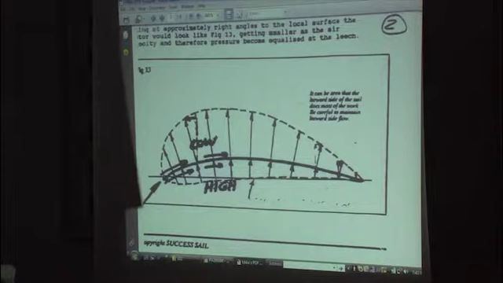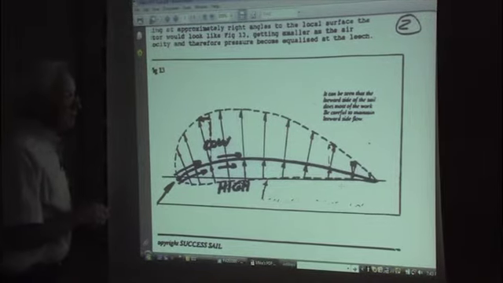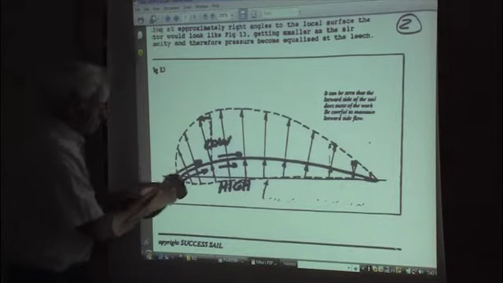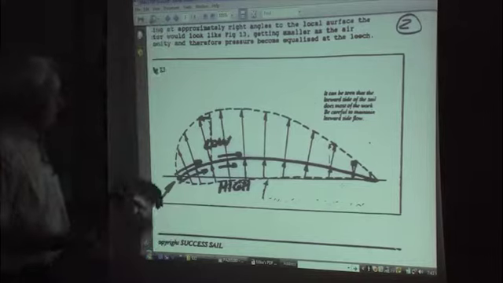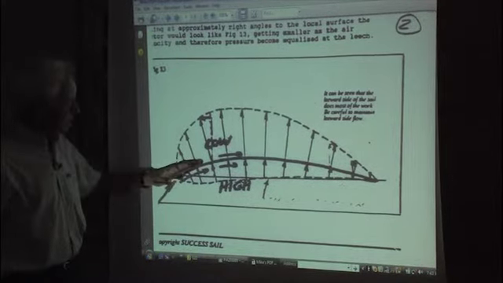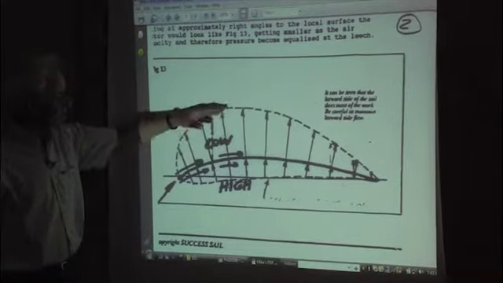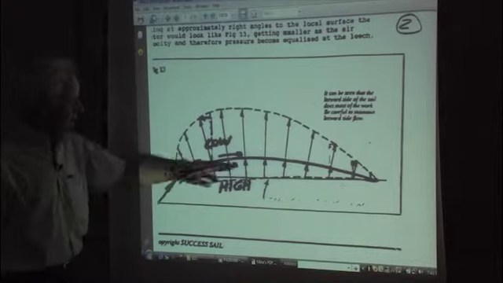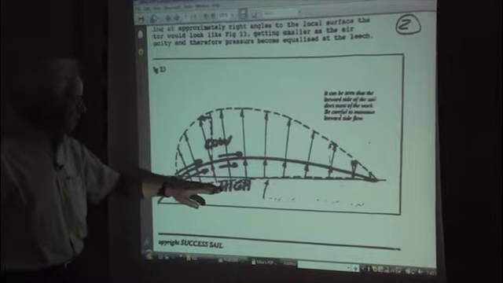Okay, so there's a computer-generated diagram of the forces on a sail, and you can see the flow coming on here. The high-speed flow on the back of it creates low pressure, and the lower speed here creates high pressure.